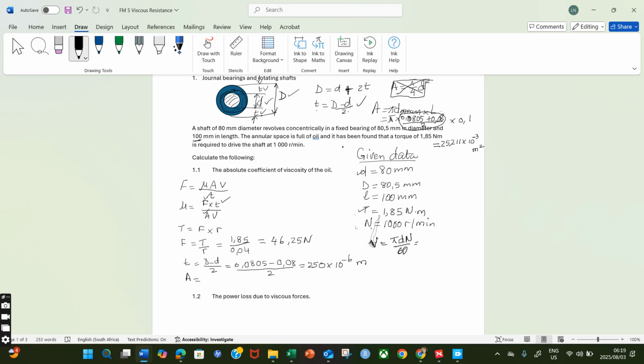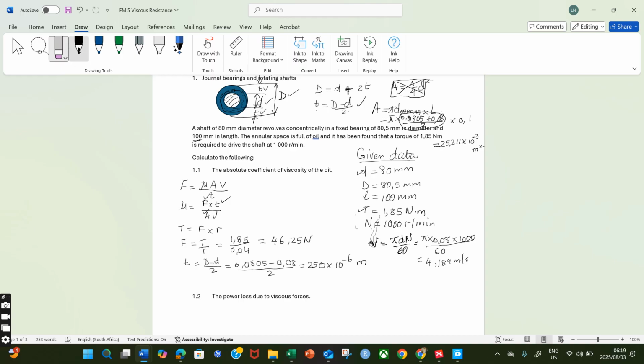So it would be pi times 0.08 times the rotational speed, which is 1000. Then we divide this by 60. When we punch our calculator, we get this to be 4.189 meters per second.